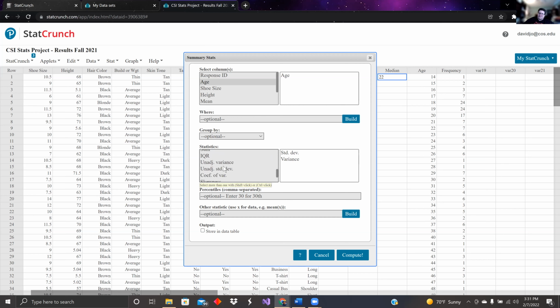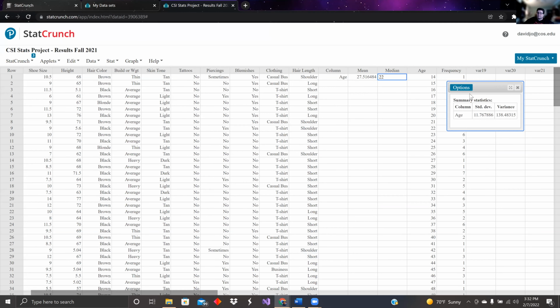Unadjusted variance, unadjusted standard deviation, they're way down at the bottom. They're not automatically selected because rarely do you have an entire population worth of data. Almost always this stuff is being done with the sample size or sample group. You just click compute and we get the standard deviation and the variance. And one is the square of the other.